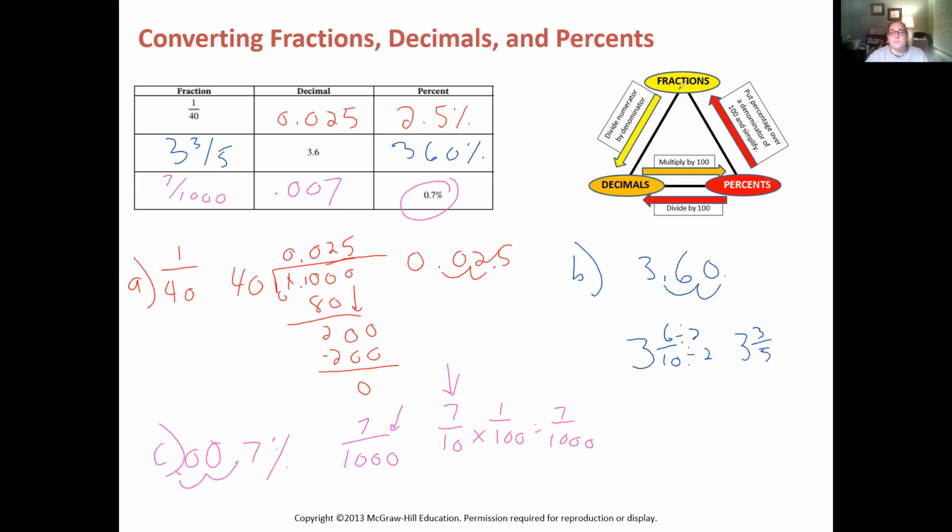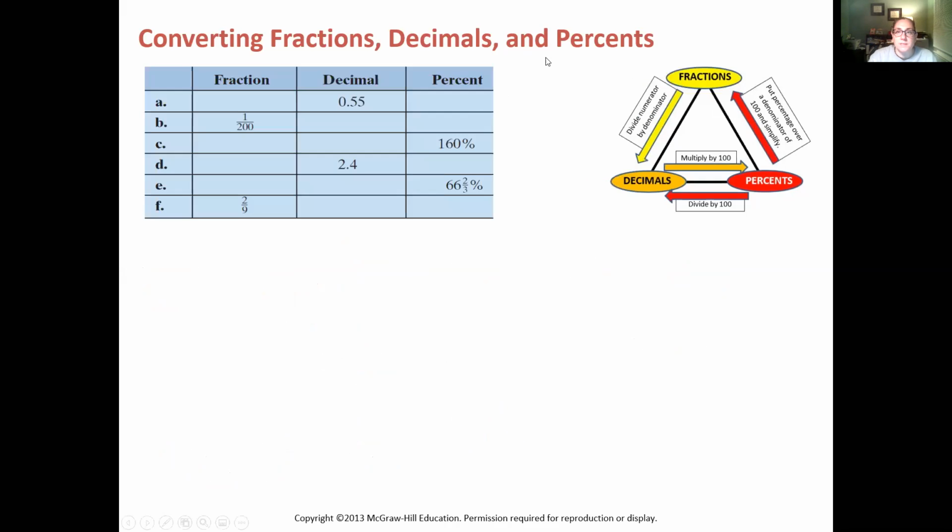Okay. So this is just to show you that if you have one conversion, that you can find the others. And you can use whatever method you're comfortable with. All right, here's another chart for you. So for A, they're giving us the decimal. Percent is going to be easy. That's going to be 55%. Just move the decimal 2 to the right.